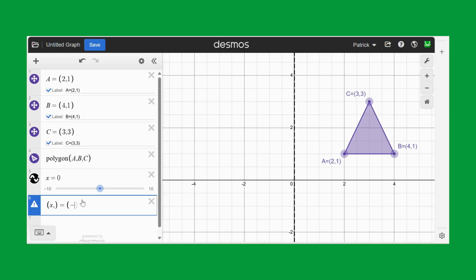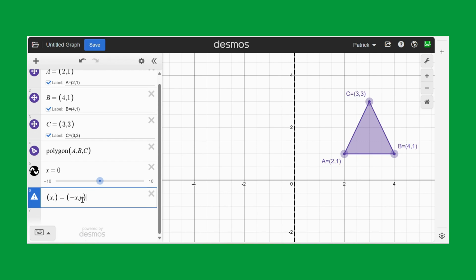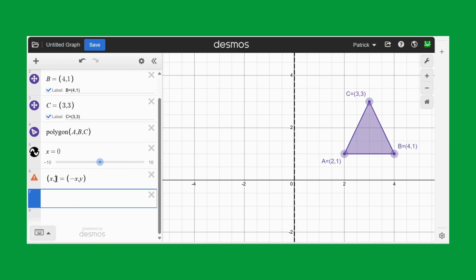Let's find and label the reflected points for our triangle. Type A_prime equals (-2, 1), that's A prime.